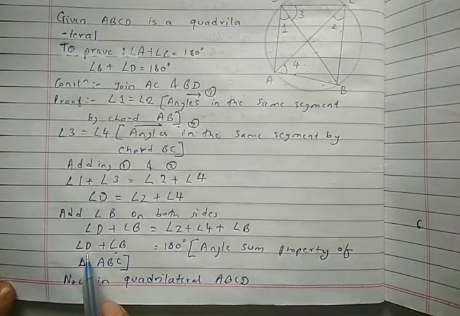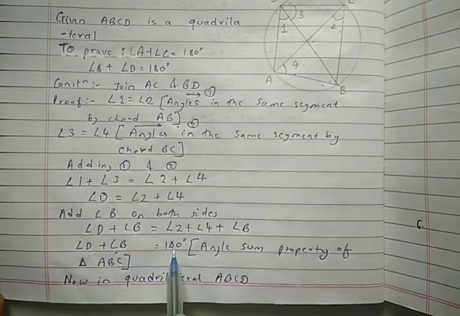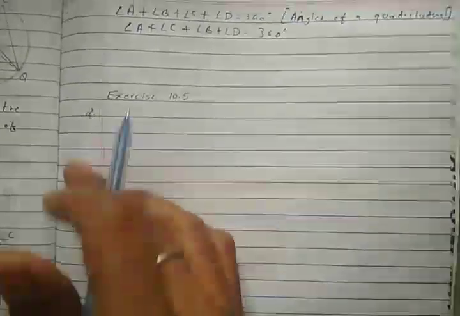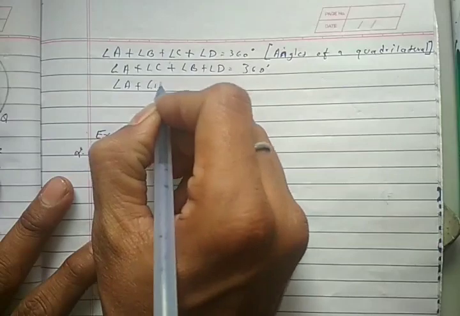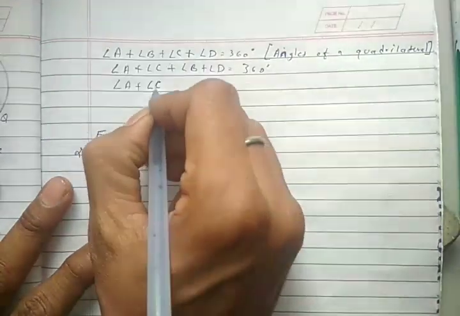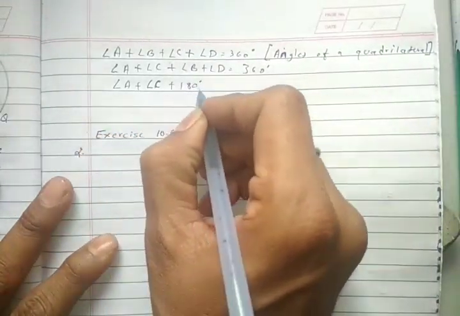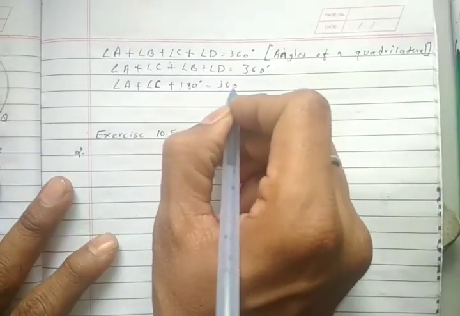So in place of angle D and B we will substitute 180. We will write here the same: angle A will remain as it is, angle C will remain as it is, and in place of B and D we have written 180.